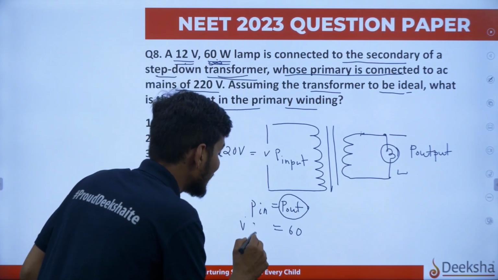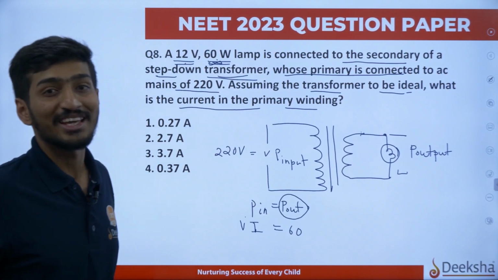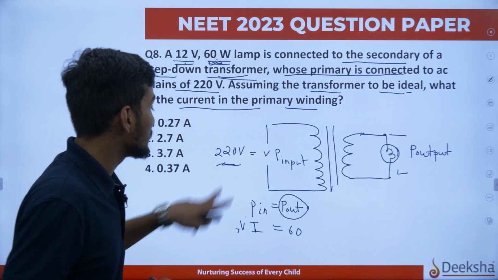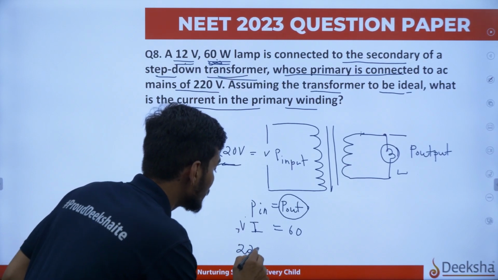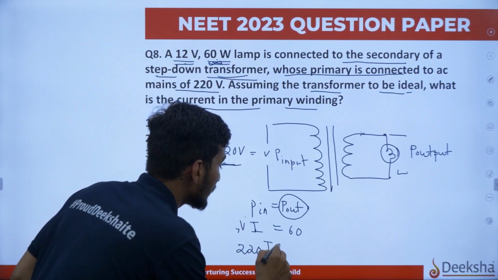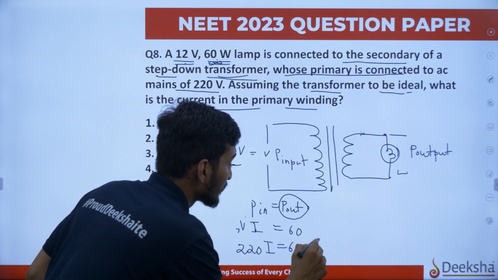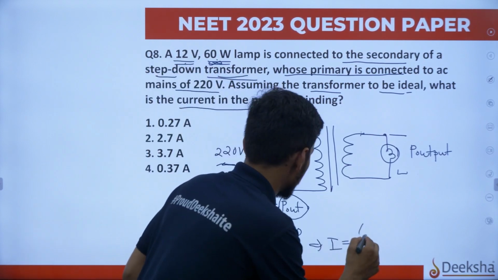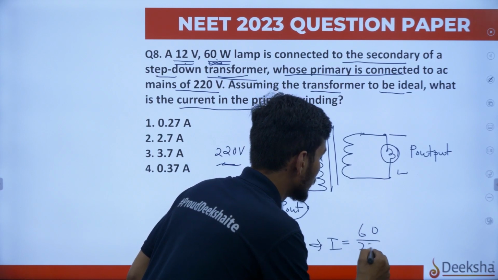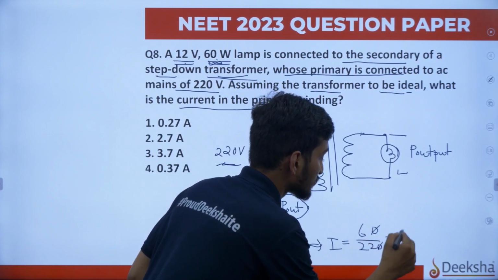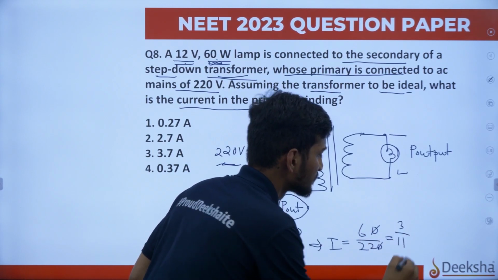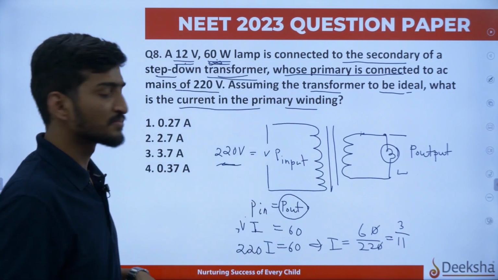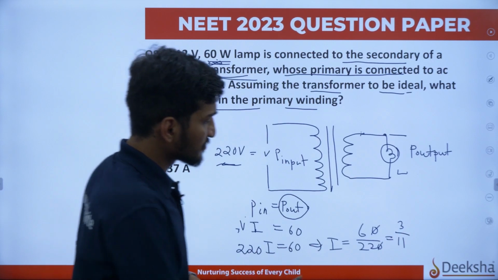Well, we don't know, but I think I can calculate using this formula VI. That's the formula for power, right? Here I'll put V, the primary winding voltage, 220 into I is equal to 60. And from there I can get the value of I, which should be 60 by 220, which is 3 by 11, very close to 0.3, slightly less than 0.3, isn't it?